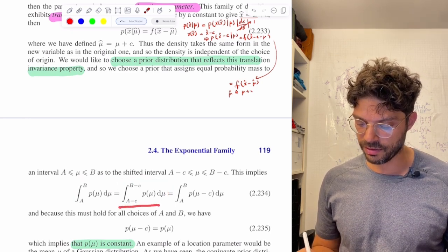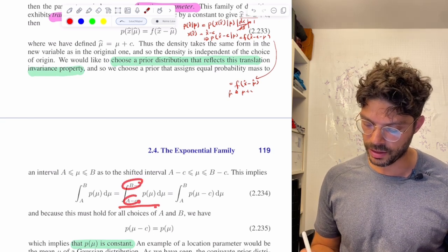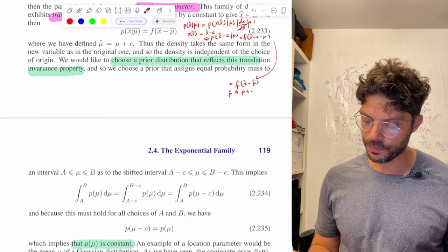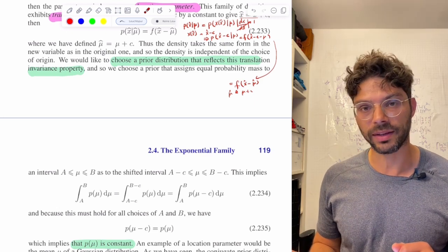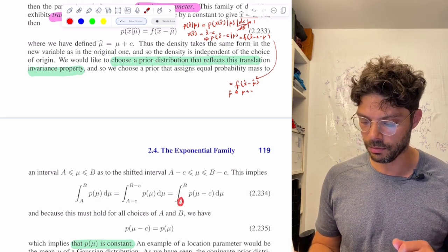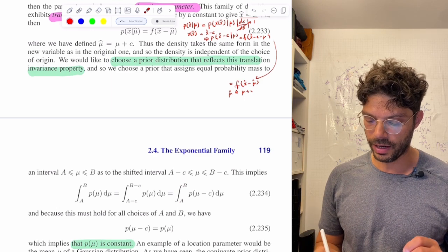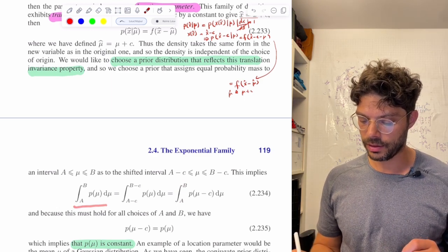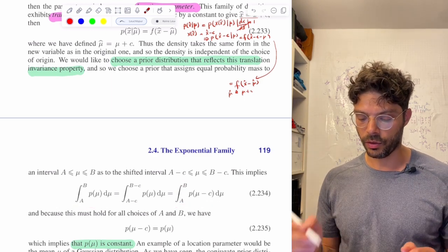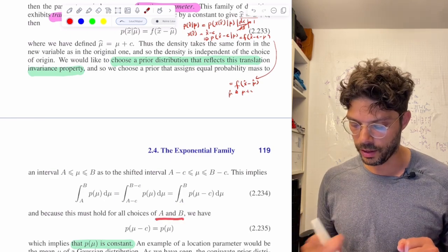Notice the limits b minus c, a minus c: this is the same as integrating not p of mu, but p of mu minus c, from a to b. And the reason we're doing that is that we want to compare this to that, and we want it to hold for all choices of a and b.